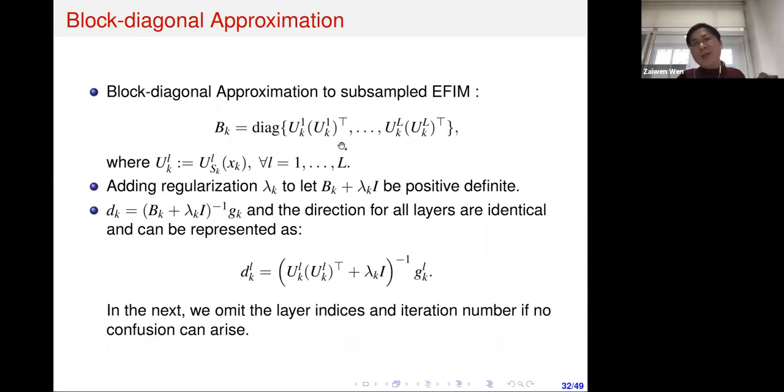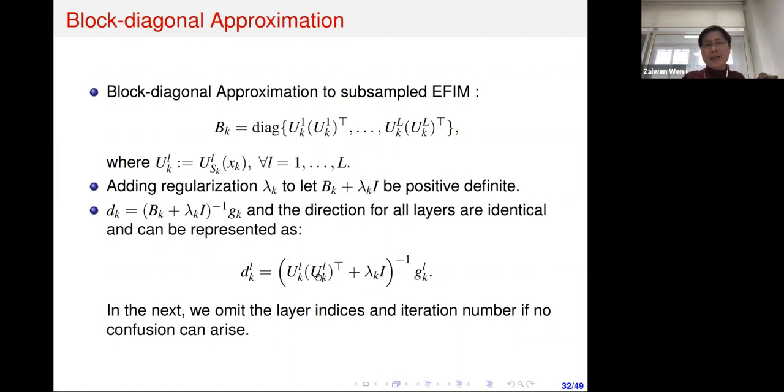If you have many layers, similarly we only take a block diagonal approximation. Therefore, on each layer, the natural gradient direction can be computed in this form. B_k is the approximation. We take the subsampled empirical covariance matrix, and this matrix is low rank, as I just explained.